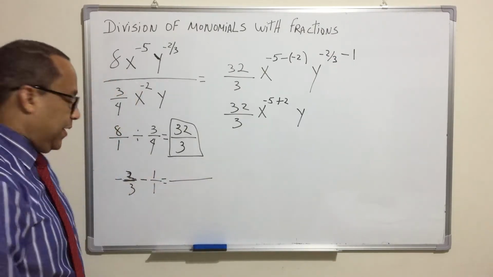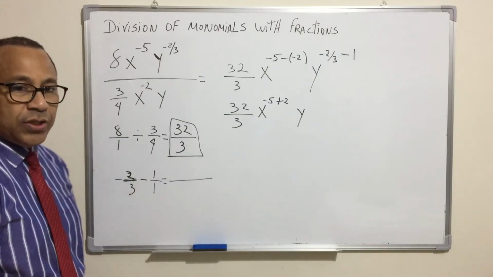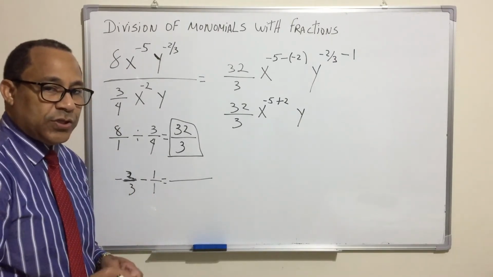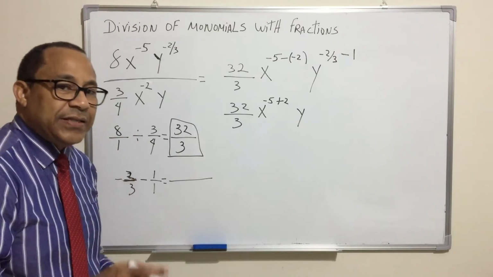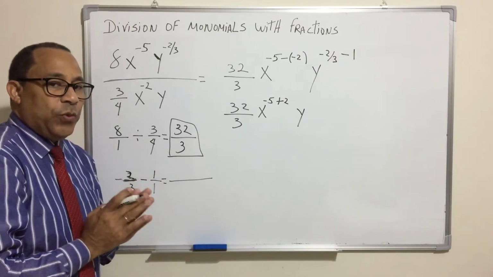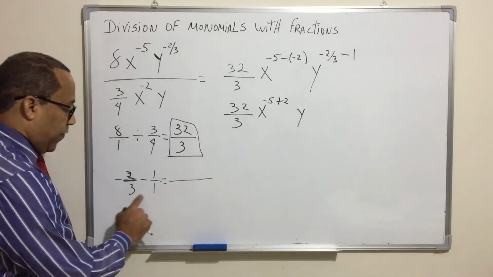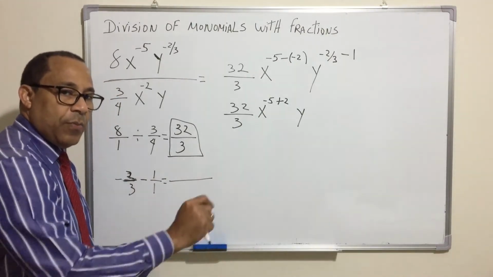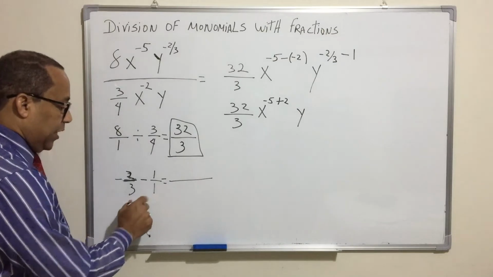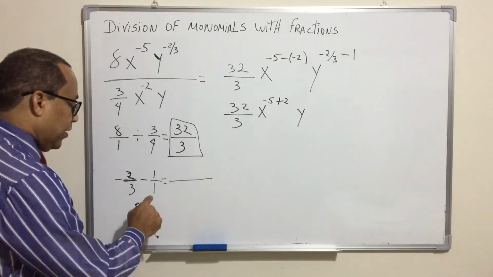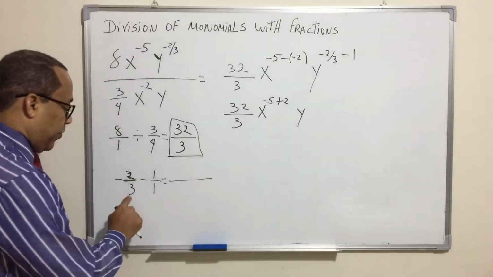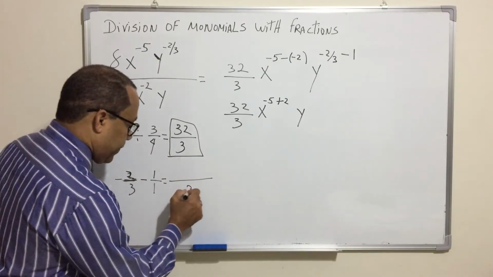As you can see, this is a subtraction of fractions with different denominators. And we know that when we have different denominators, we need to find the least common multiple. In this case, the least common multiple between 3 and 1 is 3.